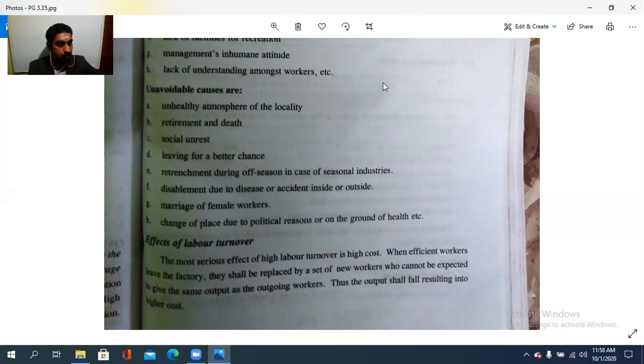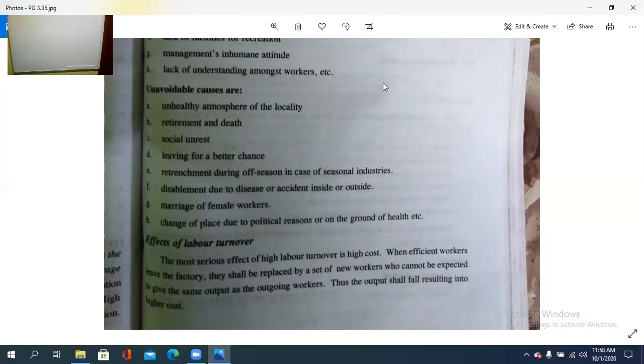If efficient workers go, the new workers who come in their place are not equivalent to them. They are not producing the same output that was produced by the efficient workers. Therefore, the productivity shall fall, resulting in higher cost also.